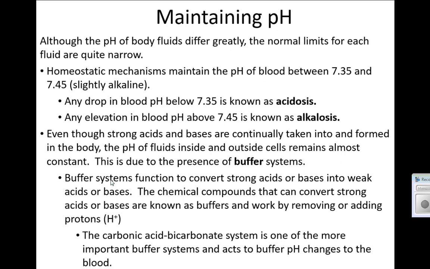Now, on the test, I might ask you, what does a pH of 1.2 mean, or 9.3? You would have to know the pH scale, what those numbers mean. But I wouldn't ever ask you, what's the pH of gastric juice or anything like that.